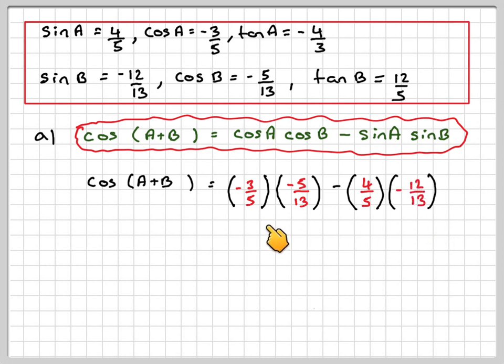Make sure you put it in brackets, and then we don't get any problems with the minus sign. So we're going to have 15/65 plus, because it's minus a minus, 48/65, which will give me 63/65.